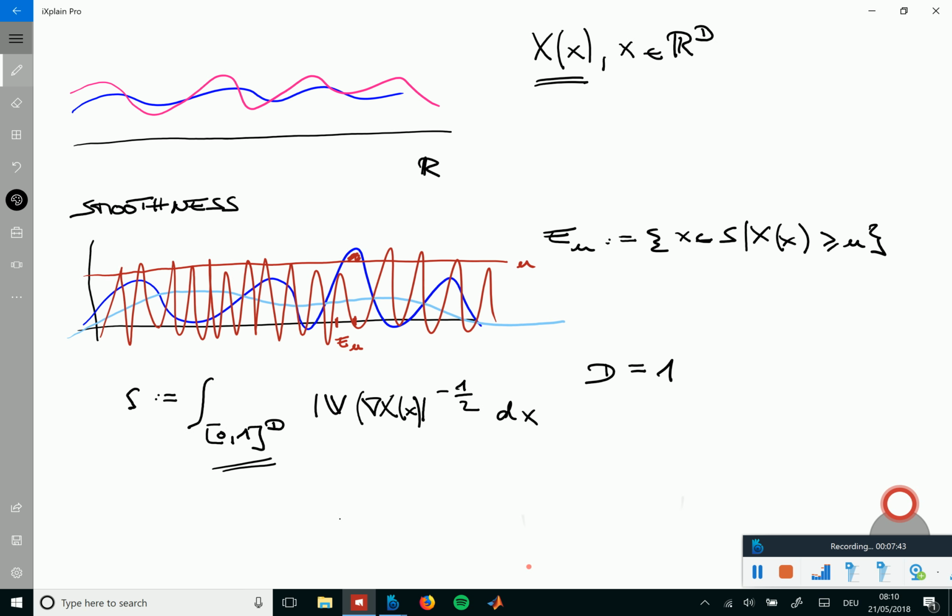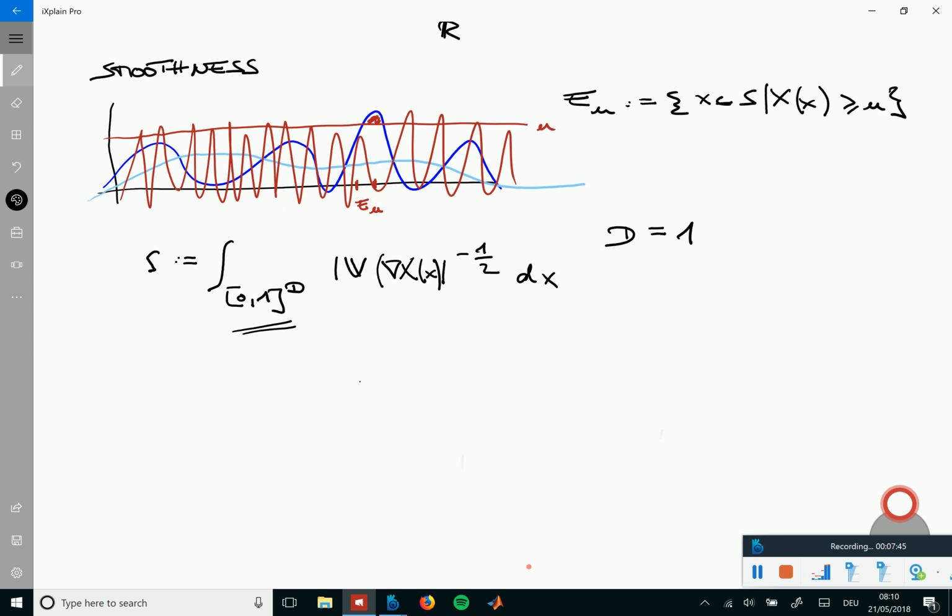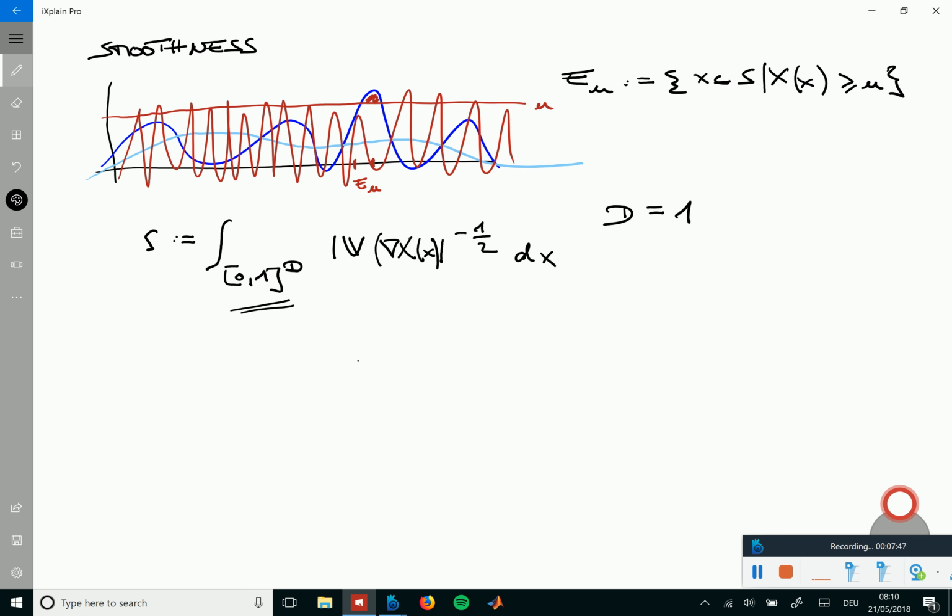So again, to really capture what this smoothness measure means, it's fairly simple. We always assume that our expectation function for the random field is 0, and then the smoothness measure, this sigma over the interval, let's keep it at the interval from 0 to 1.